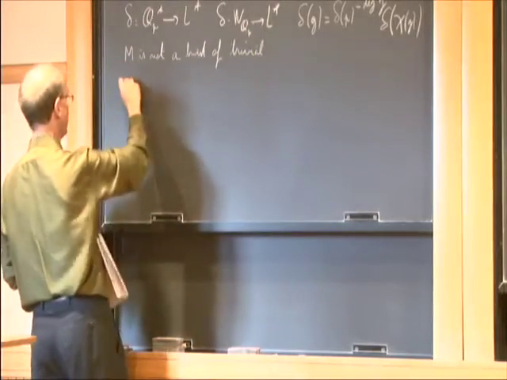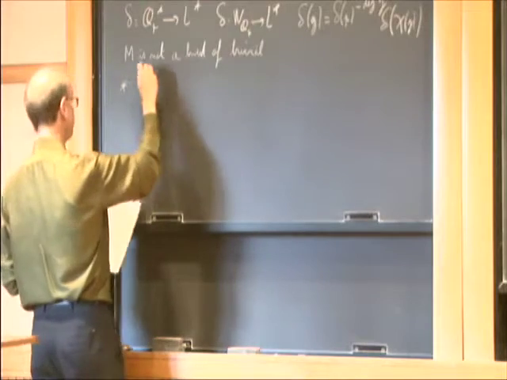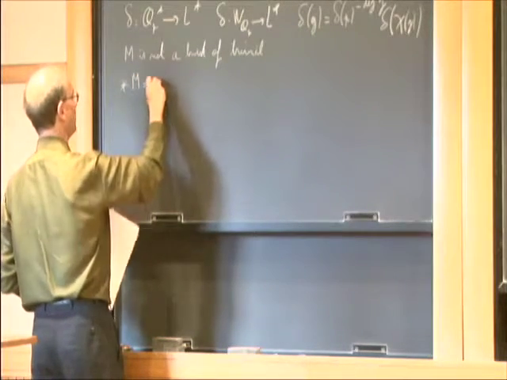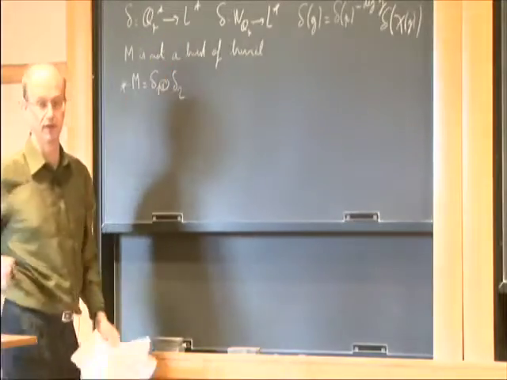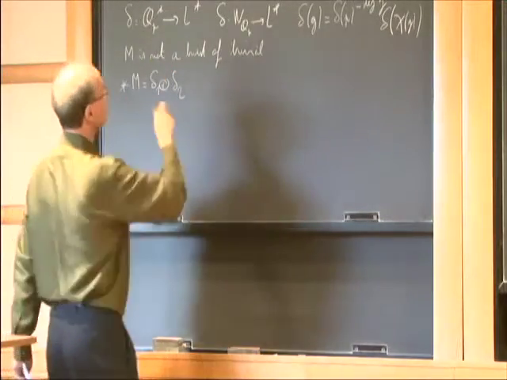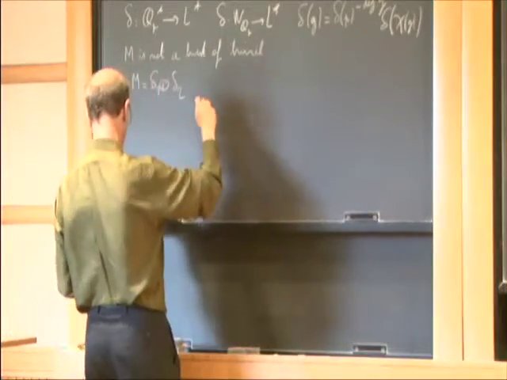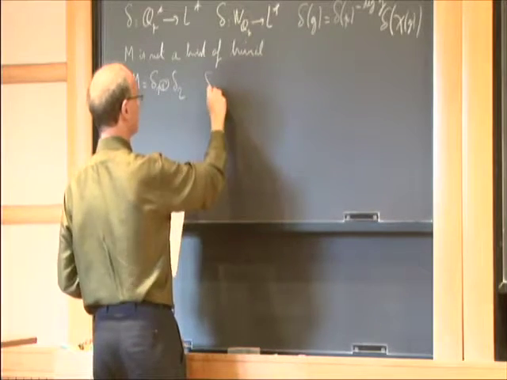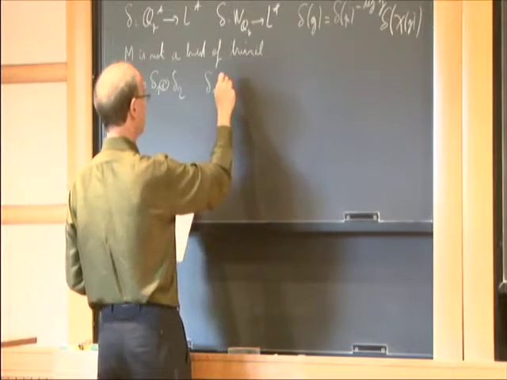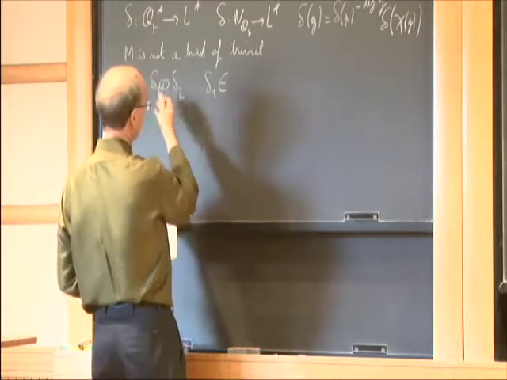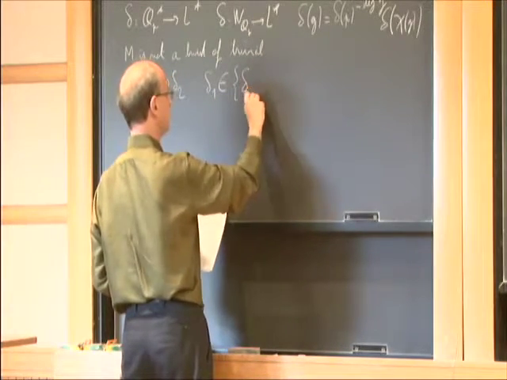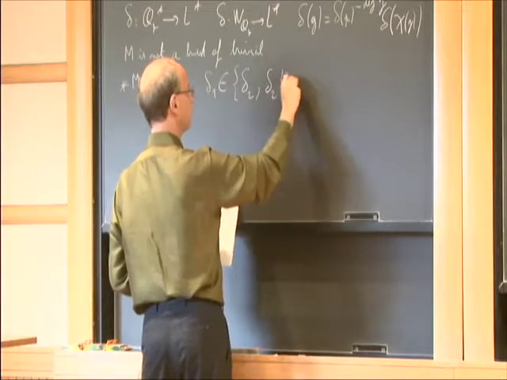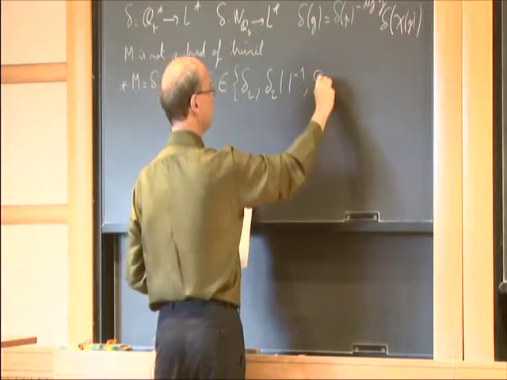So you have several cases. M can be the sum of two characters of the Weil group, but these two characters should not be related in the following way: delta 1 should be different from delta 2 norm minus 1, or delta 2 norm.